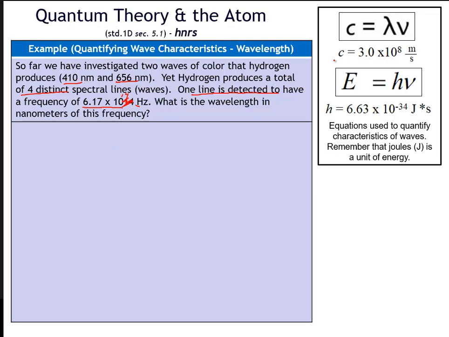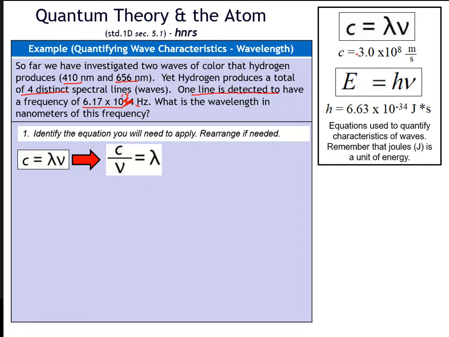So again, you're going to need to try to figure out which of those equations on the right-hand side we need to use. And it seems like we're going to use this equation again because this one gives us wavelength and frequency. If we rearrange this to find wavelength, we'll get speed of light over frequency.